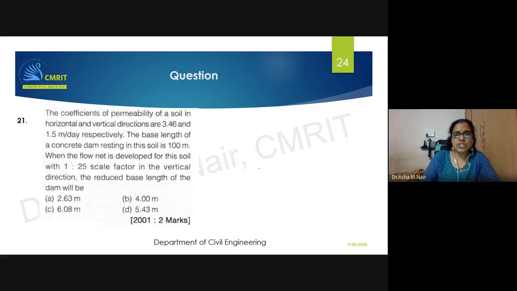The coefficient of permeability of a soil in horizontal and vertical directions are 3.46 and 1.5 meter per day. So you are given the values for kx and also for ky.